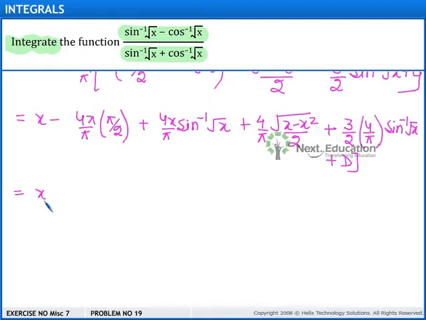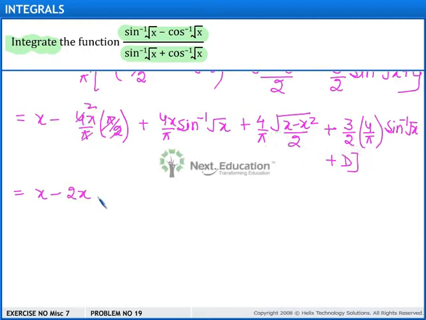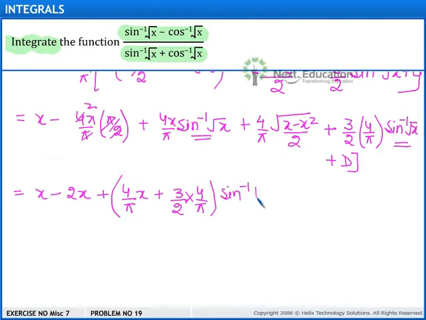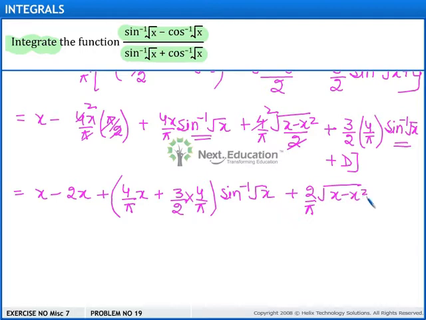So this is equal to x minus, on simplifying this, we get minus 2x plus, taking sin inverse common from these two terms, we have 4 upon pi into x plus 3 upon 2 into 4 upon pi sin inverse of root x, and on simplifying this we get 2 upon pi into square root of x minus x square plus the constant d.